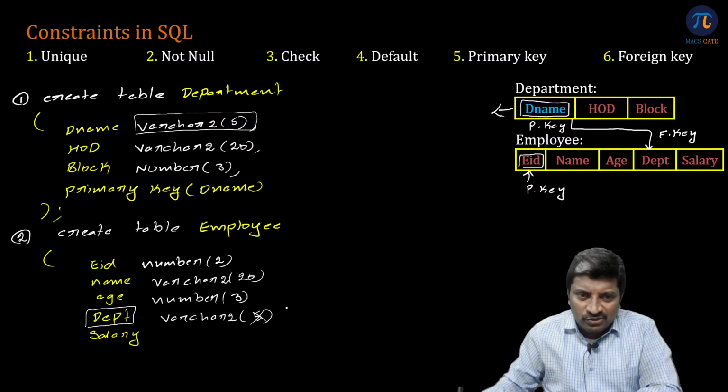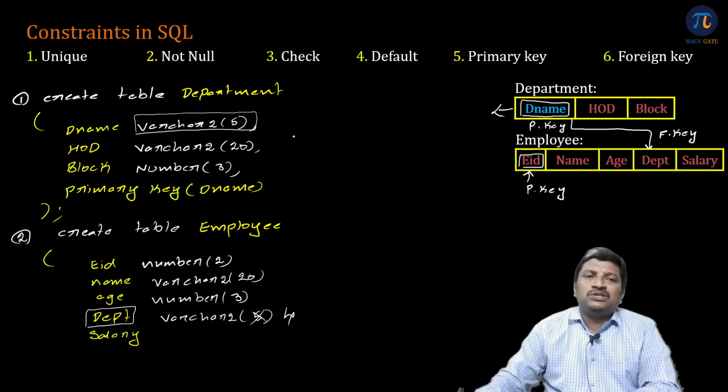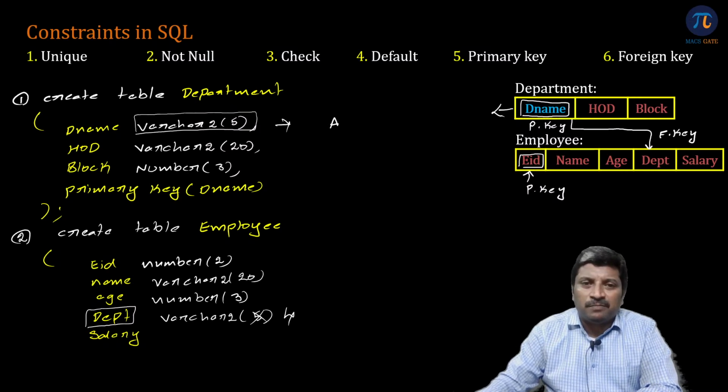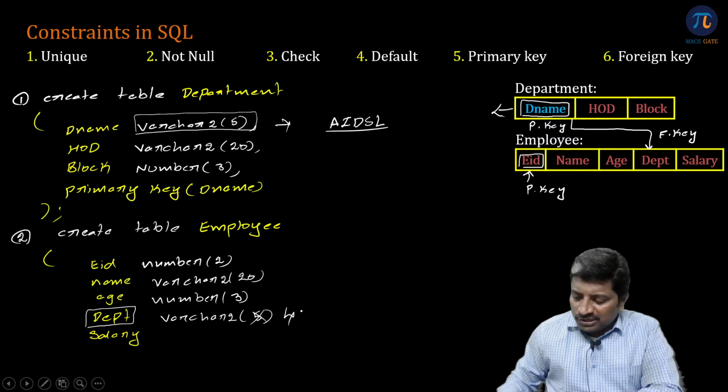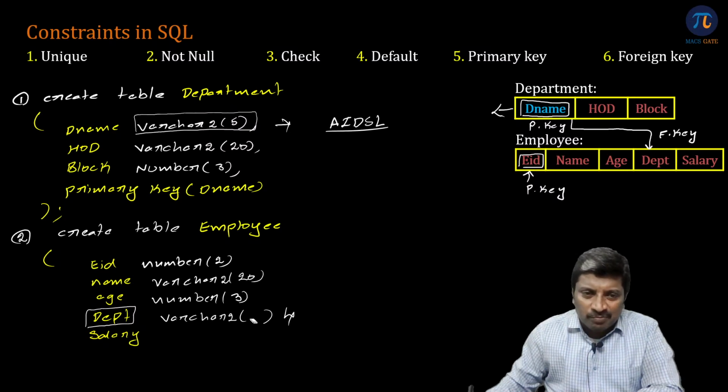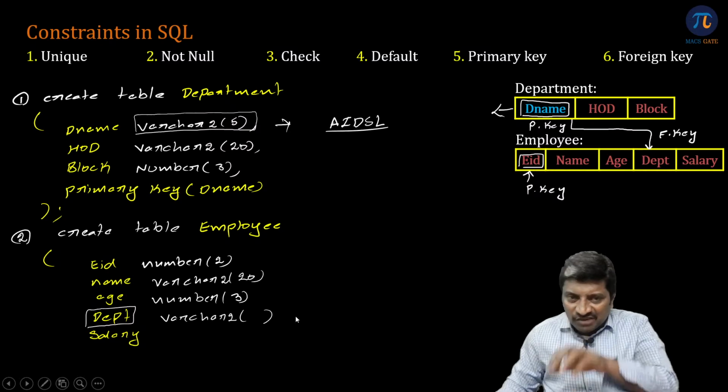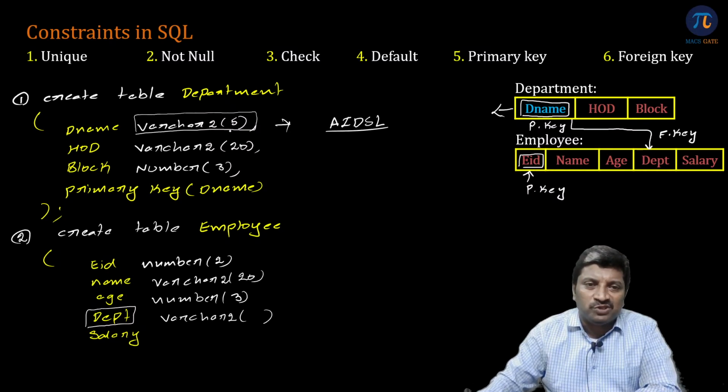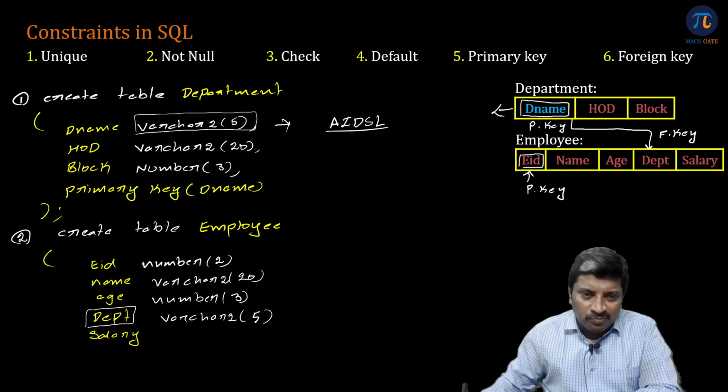That means here I should not have 4, because suppose there is a department with 5 characters. How can I store that value in this, sir, if it is having a maximum of 4 characters? So that's why better to have the same data type. At least it should be sufficient to hold the values of the original values. So let me write 5.